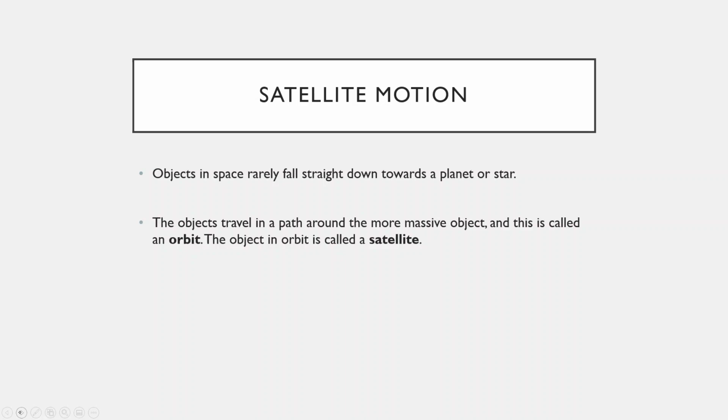It can be a moon of some kind, or in the case of planets and the sun, the planets would be the satellite in that case. Okay, but we don't refer to them as satellites. We call them planets because they're orbiting a star. Okay, with some other qualifications. So there you go. That's what we're talking about here. Okay, satellite motion, things in orbit.